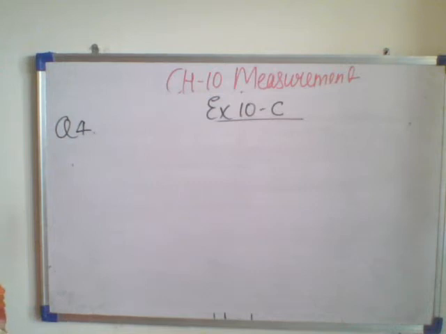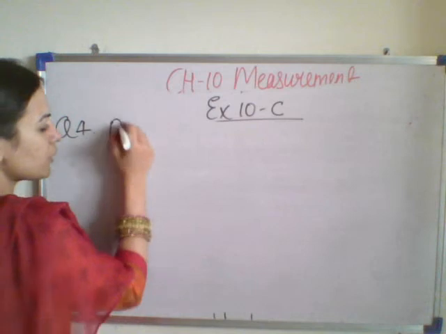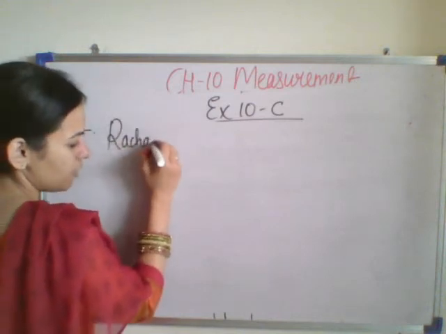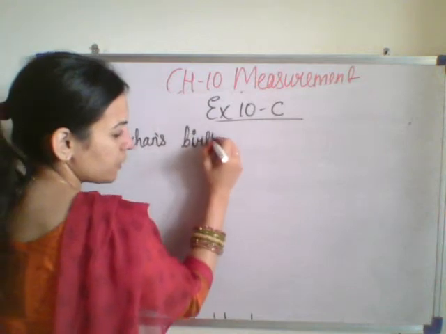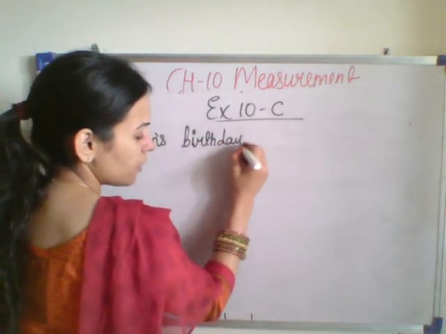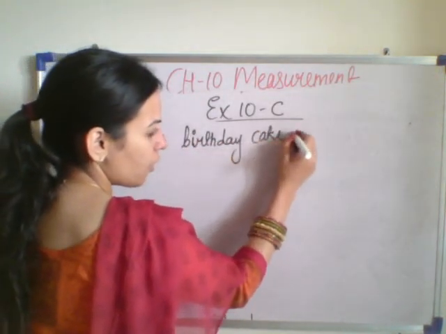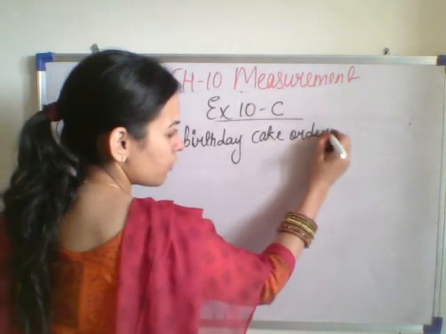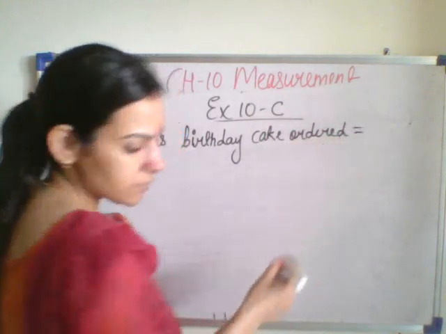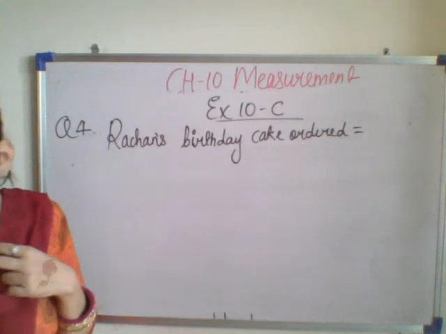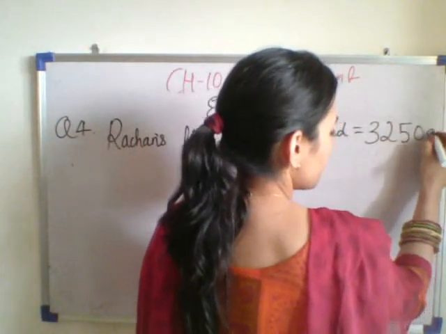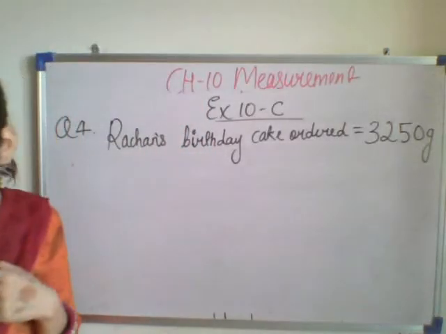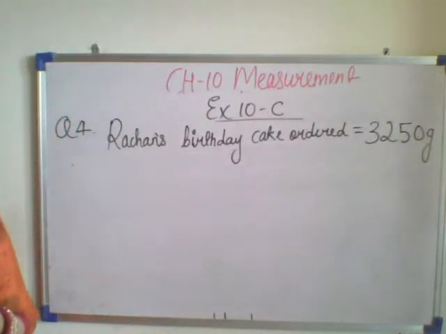The weight of the cake in kilogram is, how much cake was ordered for Rachna's birthday? It is given in the question, it is 3250 gram. This much cake was ordered for Rachna's birthday.